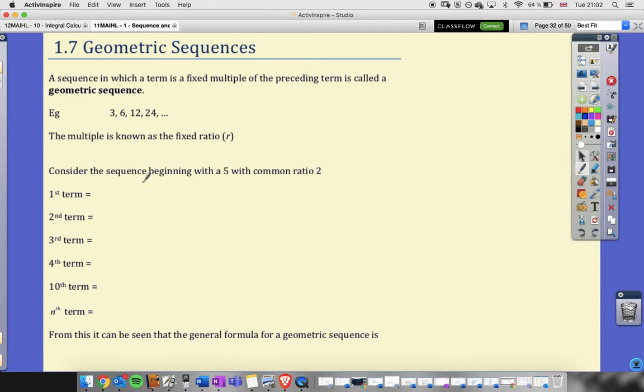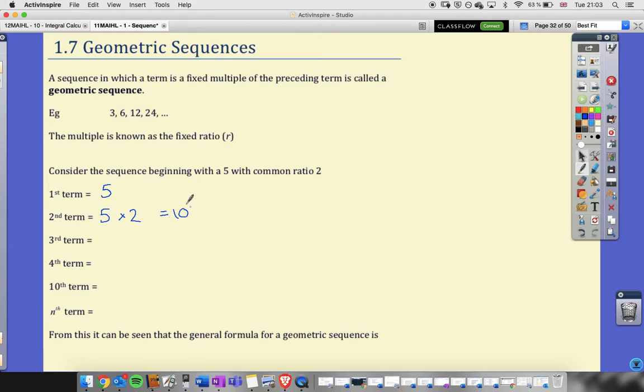Just as we looked at with arithmetic sequences, we'll take a look at how we can generalize the terms for a geometric one. If we have a sequence beginning with 5 and a common ratio of 2, that means it's being multiplied by 2 each time. So our second term would be found by doing 5 times 2, which of course is 10.